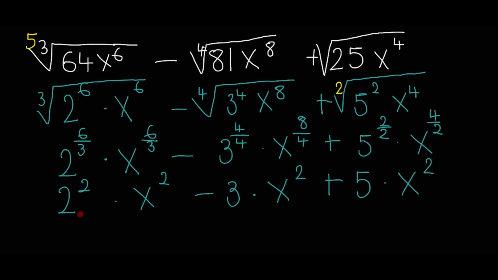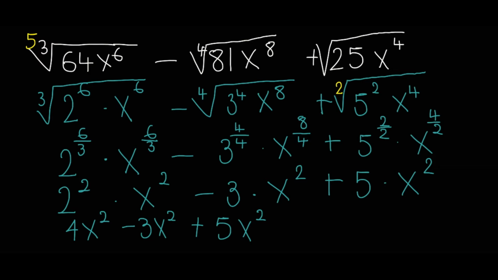And then from there I can write this 2 squared as 4, so here I have 4x squared and then minus 3x squared and then plus 5x squared.